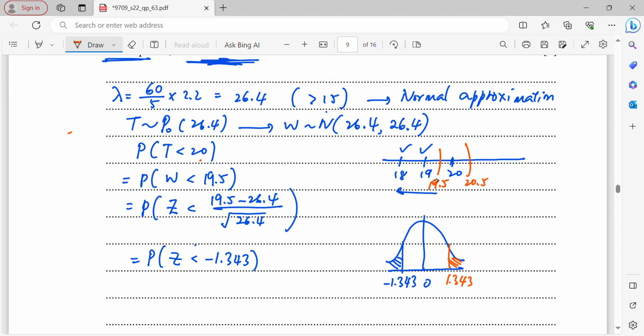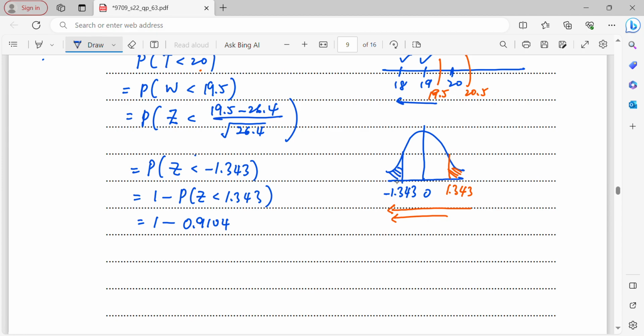So the blue region is the same as the orange region. So the orange region can be found using total probabilities: 1 minus all previous probability. So here I will write it is the same as 1 minus P(Z less than 1.343). And this probability can be found using the table. The table will give you this value 0.9104. So at last you will be getting the probability of 0.08196, which is correct to 3 significant figures.